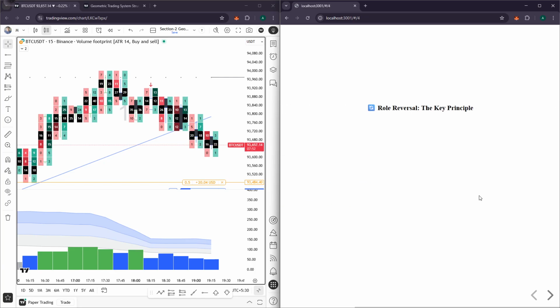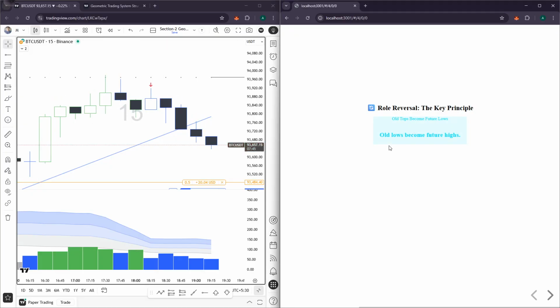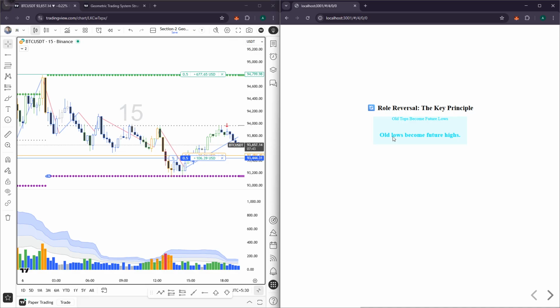All right, now let's talk about another concept, which is role reversal, which we call the key reversal. What it means is that old tops become future lows, and old lows become future highs.